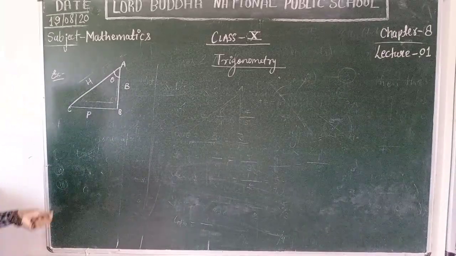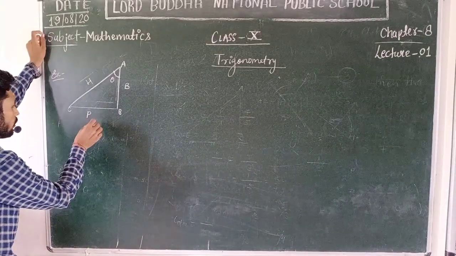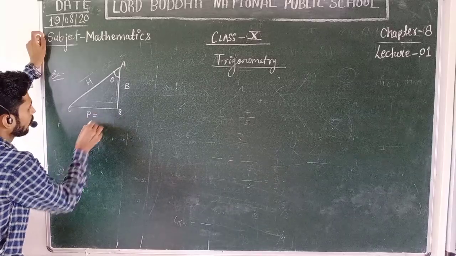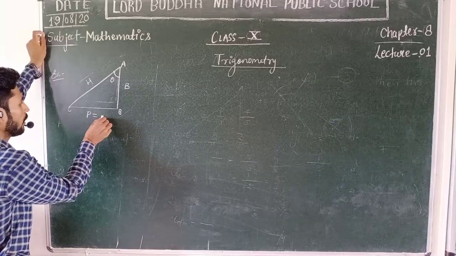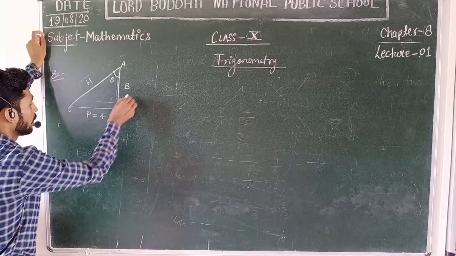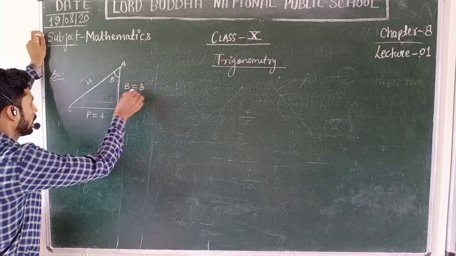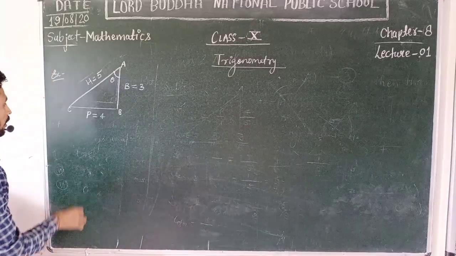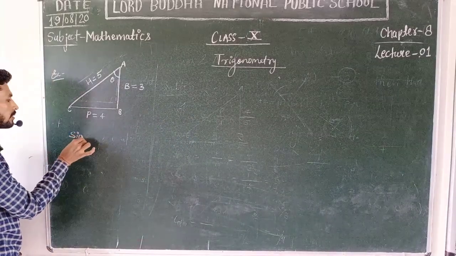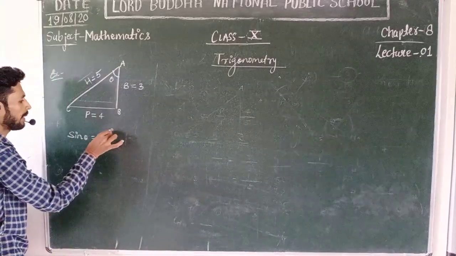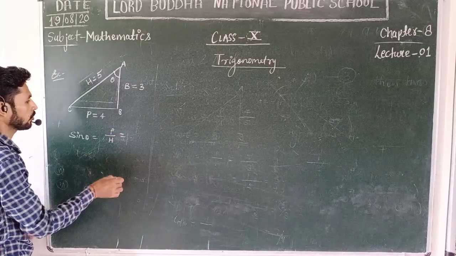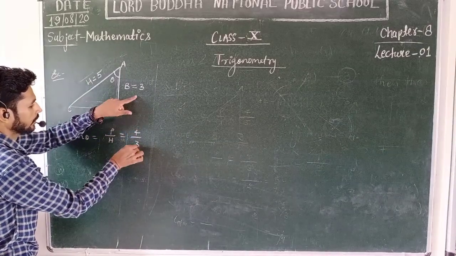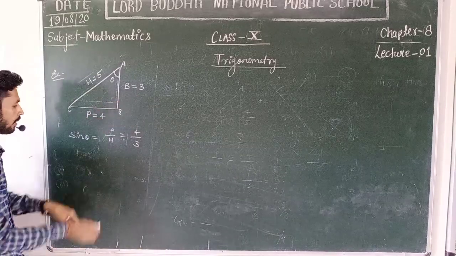Suppose we take the value of perpendicular as 4 and the value of base as 3, then the hypotenuse will be 5. Now we can write sin theta equals perpendicular upon hypotenuse, that is equal to 4 by 5.